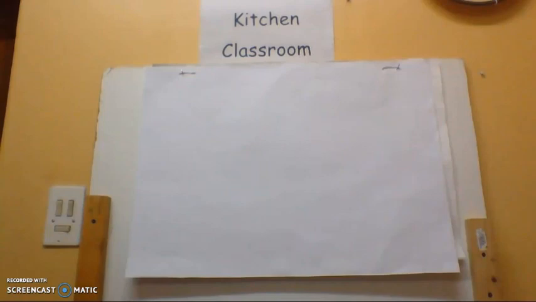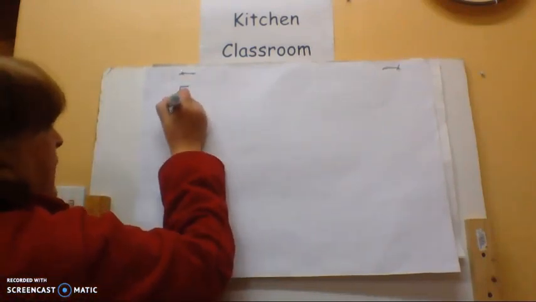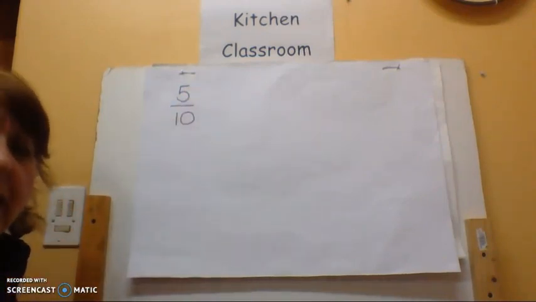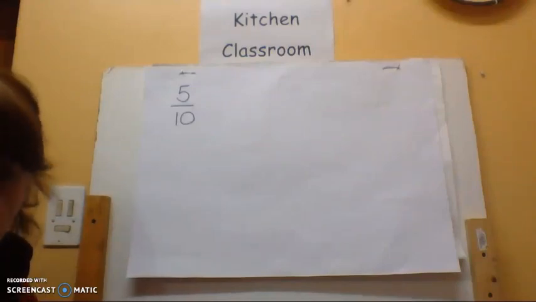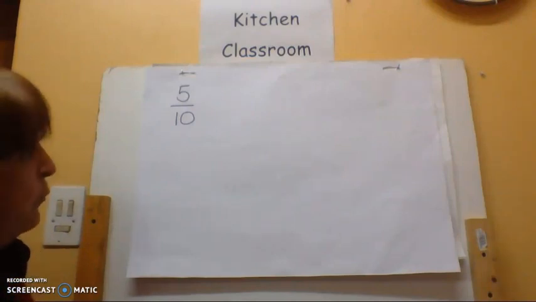The first one I want to look at, let's take the fraction 5/10. Now, as it stands like that, it's not in its simplest form. So, we need to reduce it. We need to make it smaller and in its simplest form.